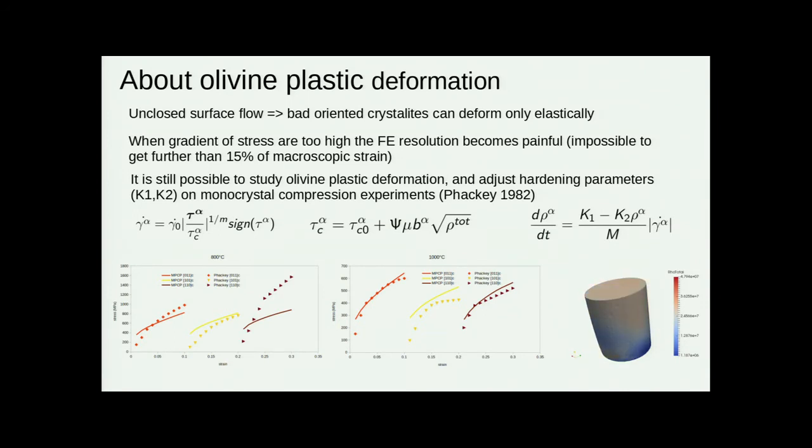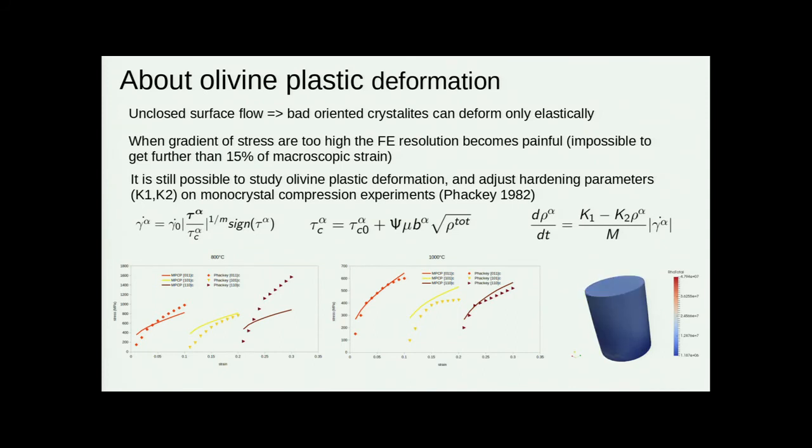If another element beside it deforms plastically, you have very huge stress gradients, and so the finite element resolution is very difficult. For the moment, I cannot deform my models more than 15% of macroscopic strain.